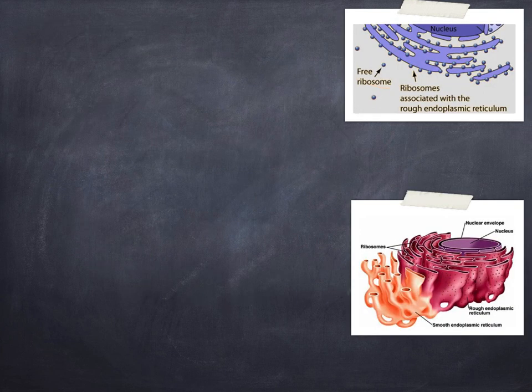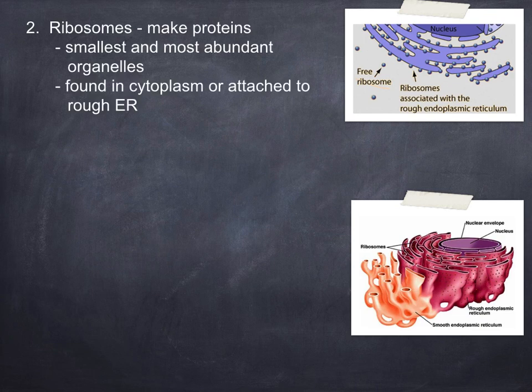The second organelle we're going to mention are the ribosomes. Ribosomes are these itty bitty, teeny tiny little dots here. Their job is to make proteins. And like I mentioned, we'll be talking about proteins and building proteins a lot when we get to the DNA chapter. So right now, all you need to know is that they make proteins.